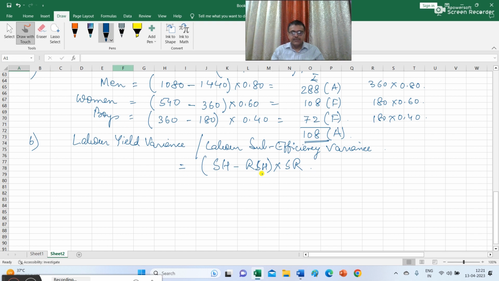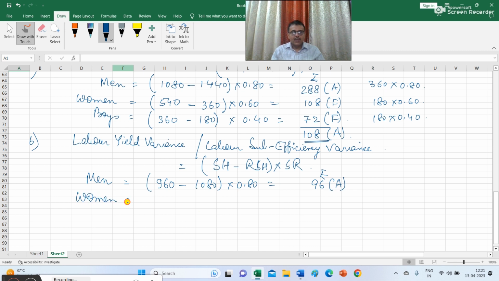SH minus RSH into SR. So for men, standard hour is 960 minus 1080. Multiply this with 0.80 and we'll get 96 adverse.